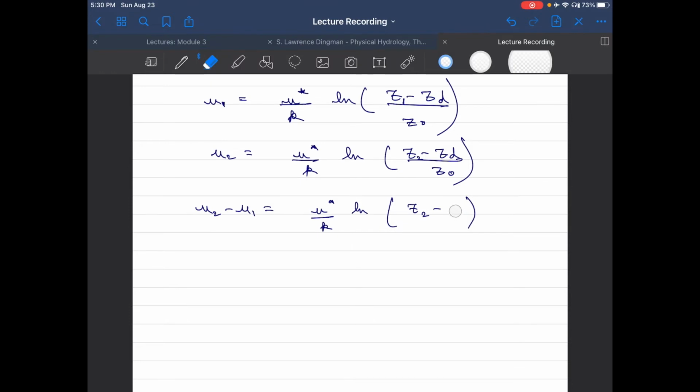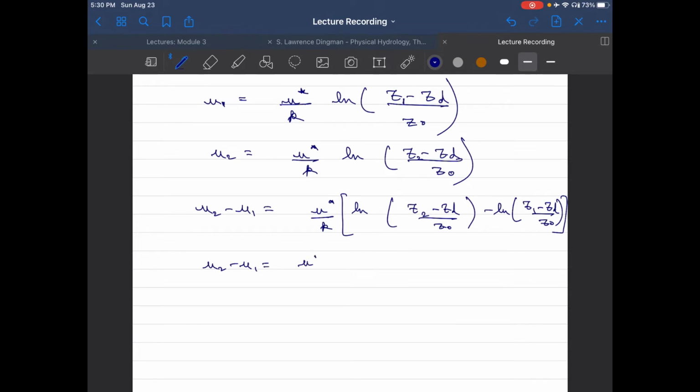Since this is log of a minus log of b, we can write u2 minus u1 as u star upon k ln of z2 minus zd divided by z1 minus zd.